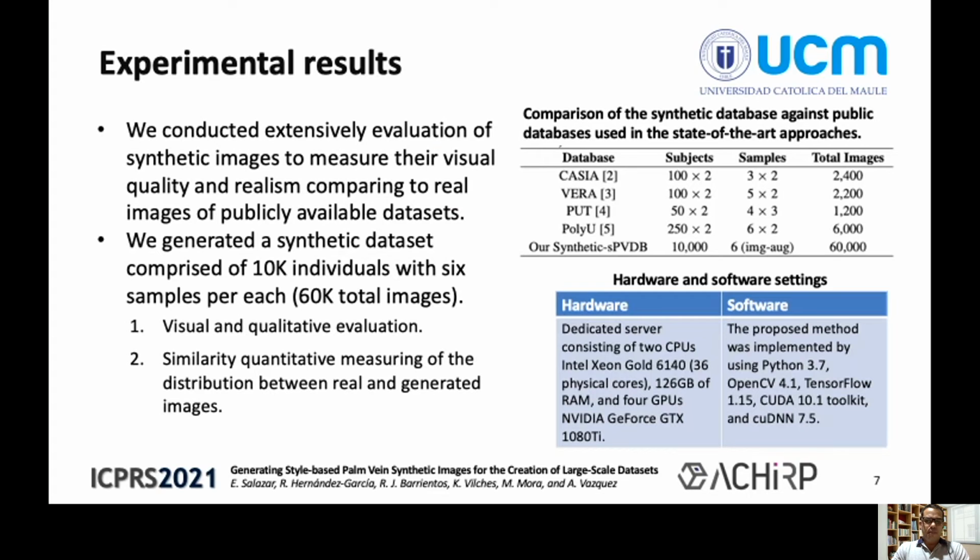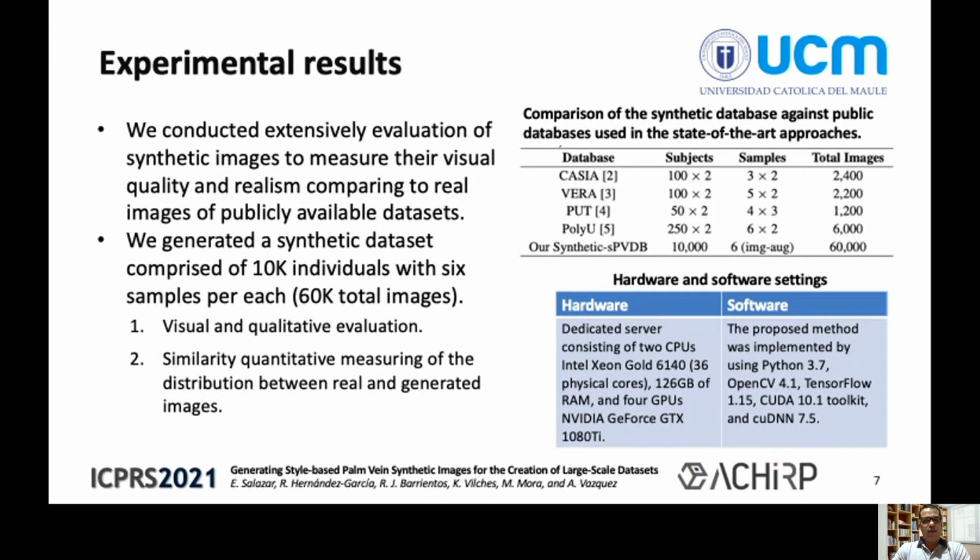Since the number of samples in our database is much higher than the available reference data, for the comparison in all experiments, we consider only 10% of the individuals in our database, comparing one sample per subject against the same number of samples from each dataset, all of them taken randomly.